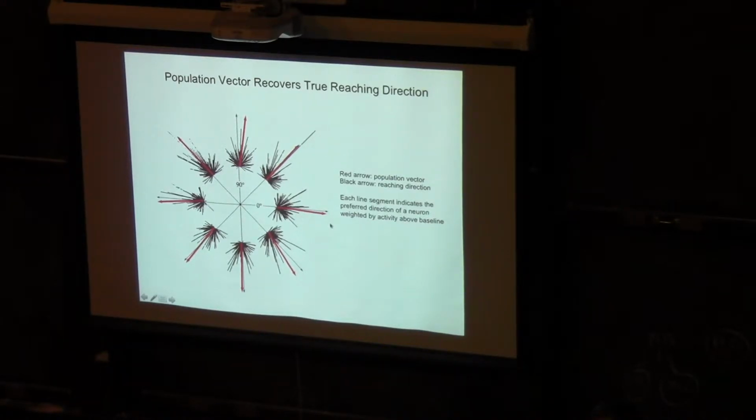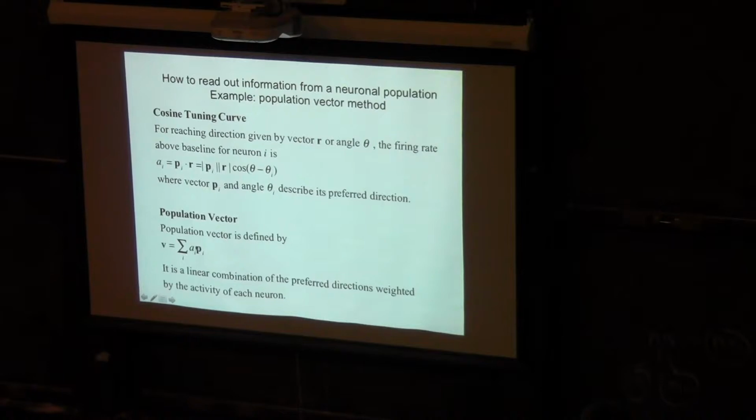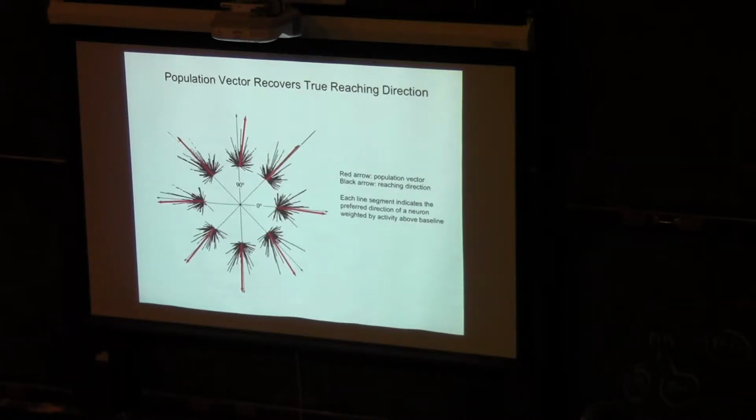The red line is the population vector. What's important is that each black line, if you look at the coordinates, is the preferred direction times the activity.